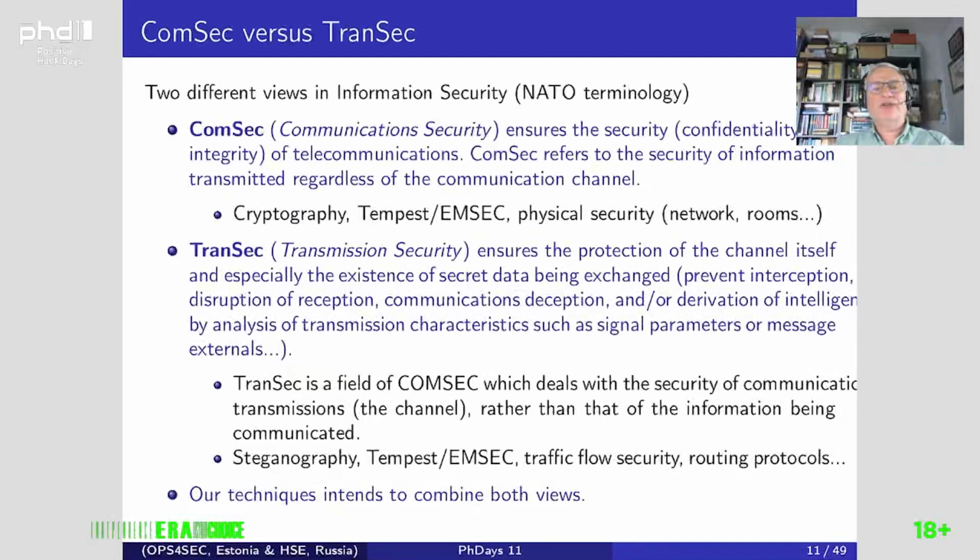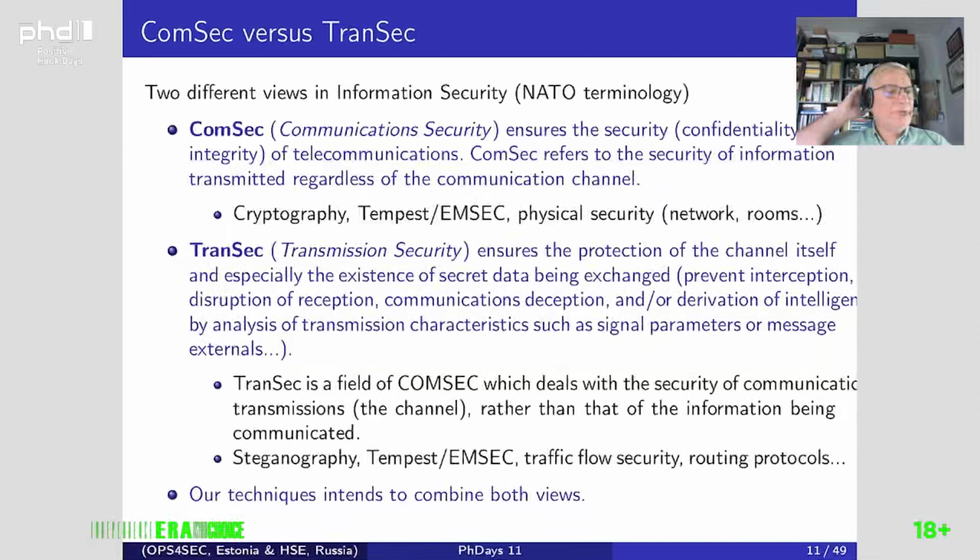You have communication security, which focuses on the security of the data themselves, regardless of the channel. For that purpose, you have cryptography, electromagnetic security, physical security of the environment. But a clever attacker will also want not only to protect the data exfiltrated, but also to protect the fact that there is an exfiltration.